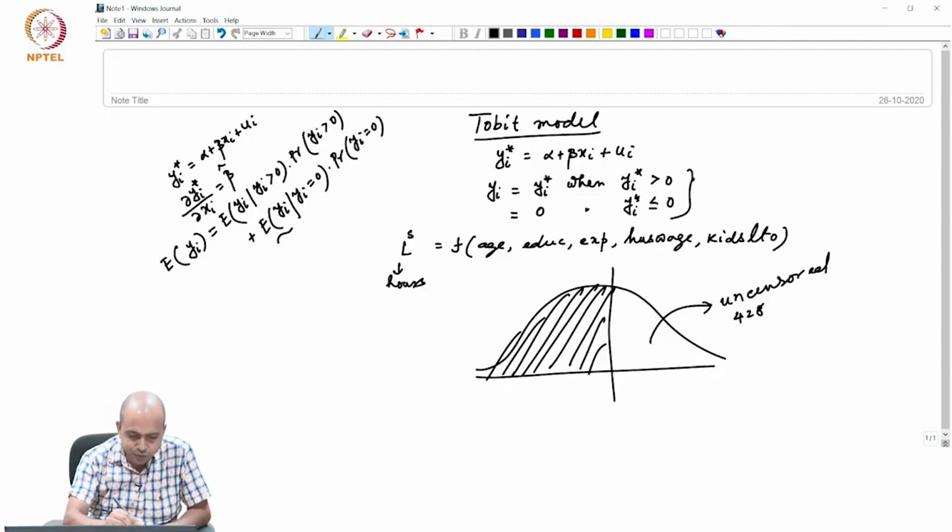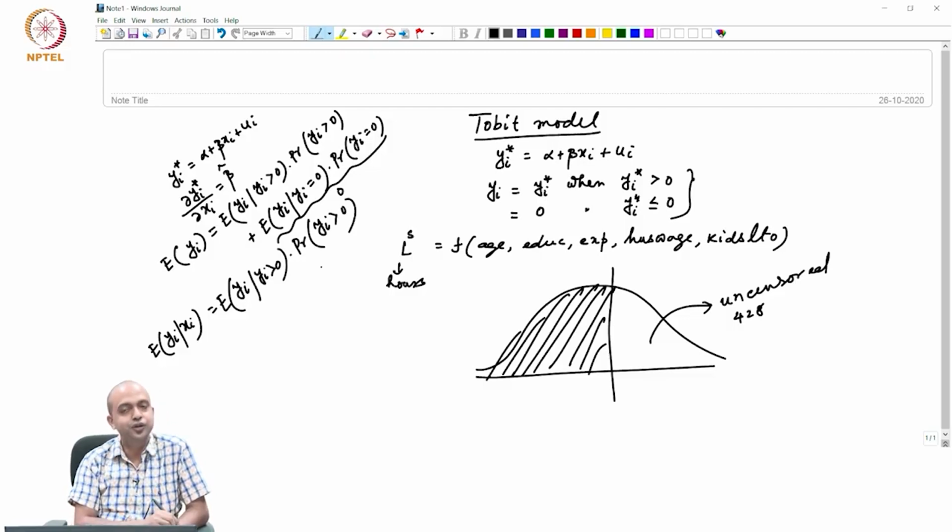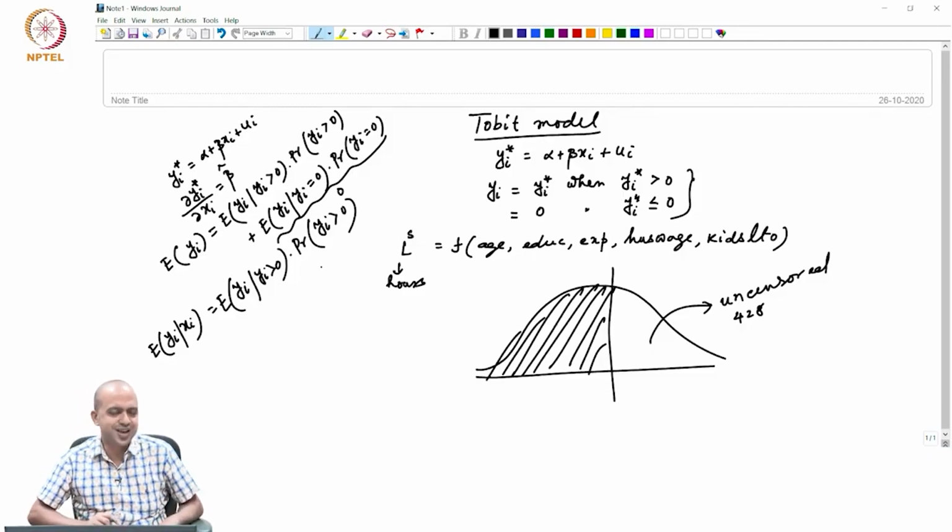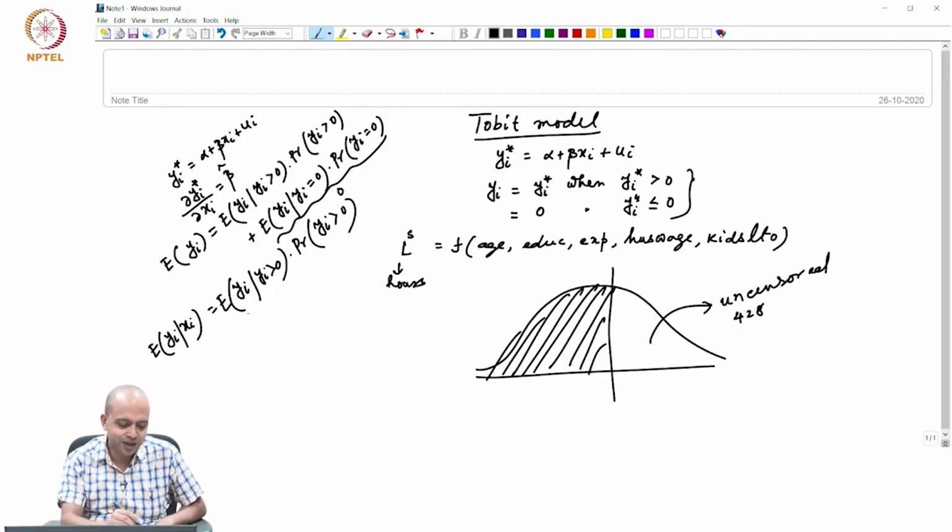Okay. So, this portion is actually 0. If you multiply, this becomes 0. So, that means the expectation of yi given xi you can write as the expectation of yi for yi greater than 0 multiplied by the probability that yi is greater than 0. That means, we cannot directly take those coefficients as marginal effects, because this probability of yi greater than 0 should also be there.